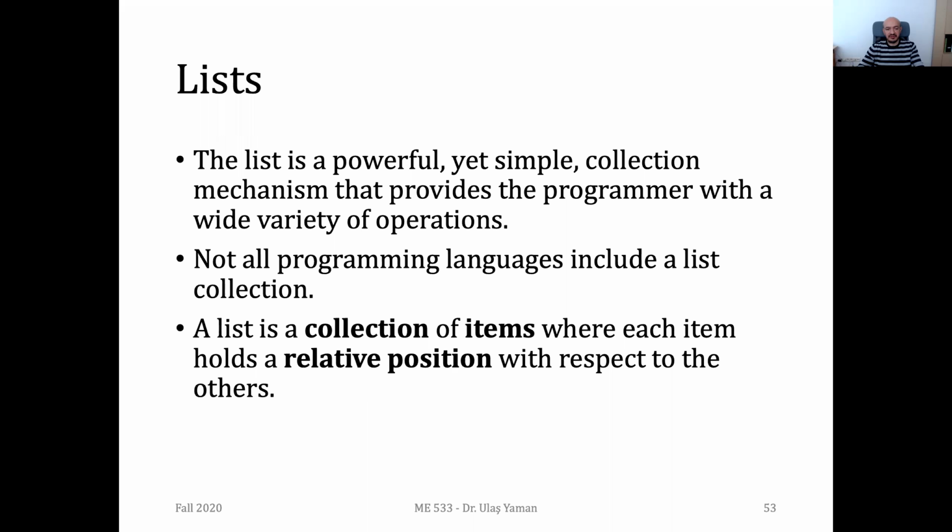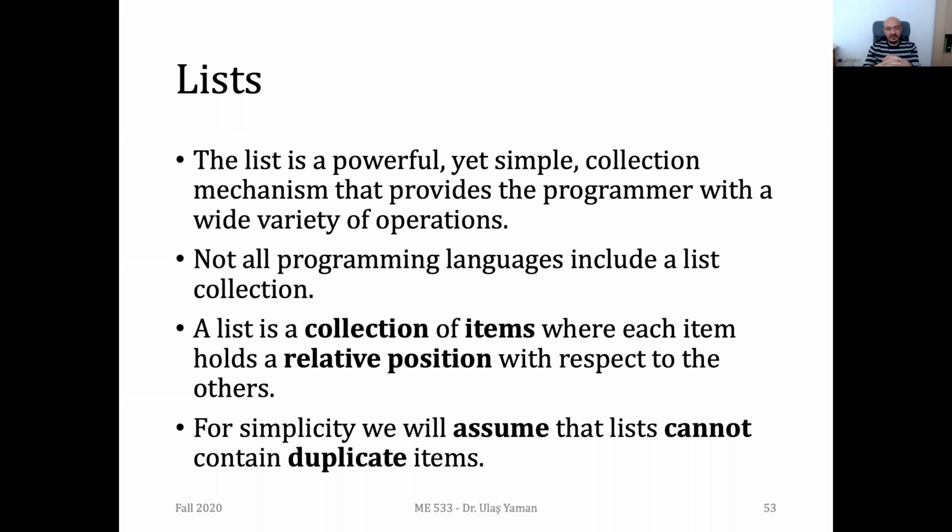Another important issue in the list is that the values usually have a relative position. So their order sometimes becomes important. And once you have ordered lists, some operations will take less time. But if you have unordered, if you put items randomly into your list data structure, then some operations, like the search operation, will take more time.